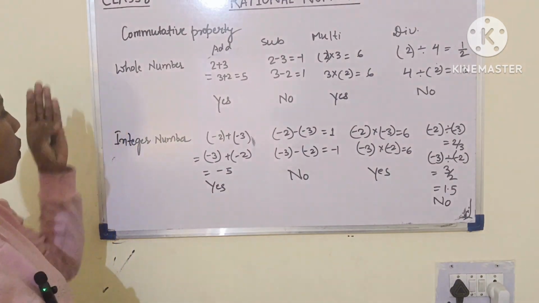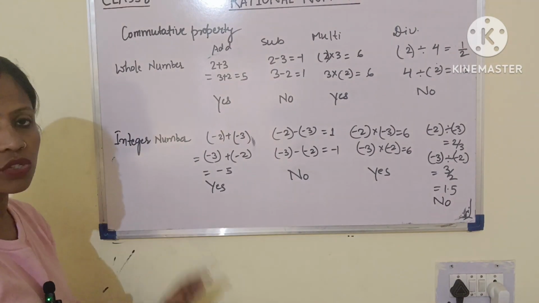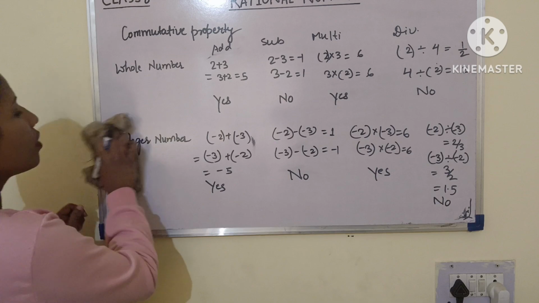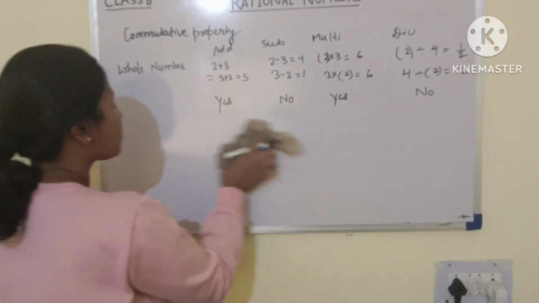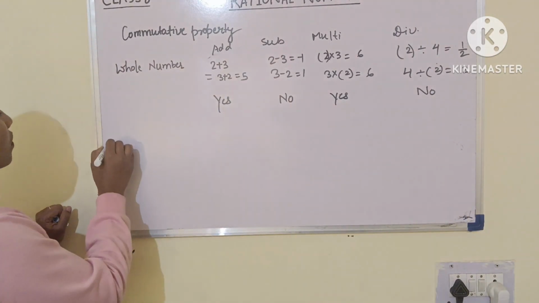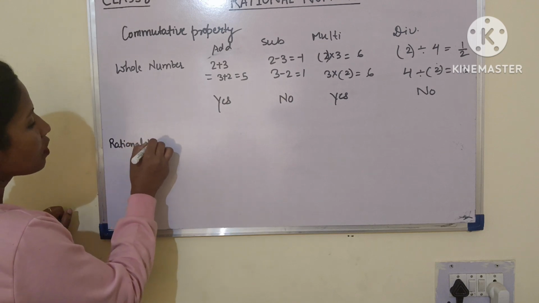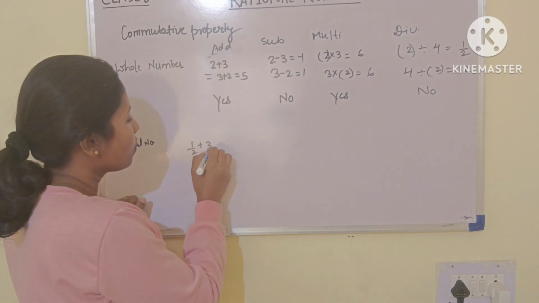So we checked whole numbers and integers, and for rational numbers also the same situation is there. Let me write the rational number. Let's add 1 by 2 plus 3 by 2.